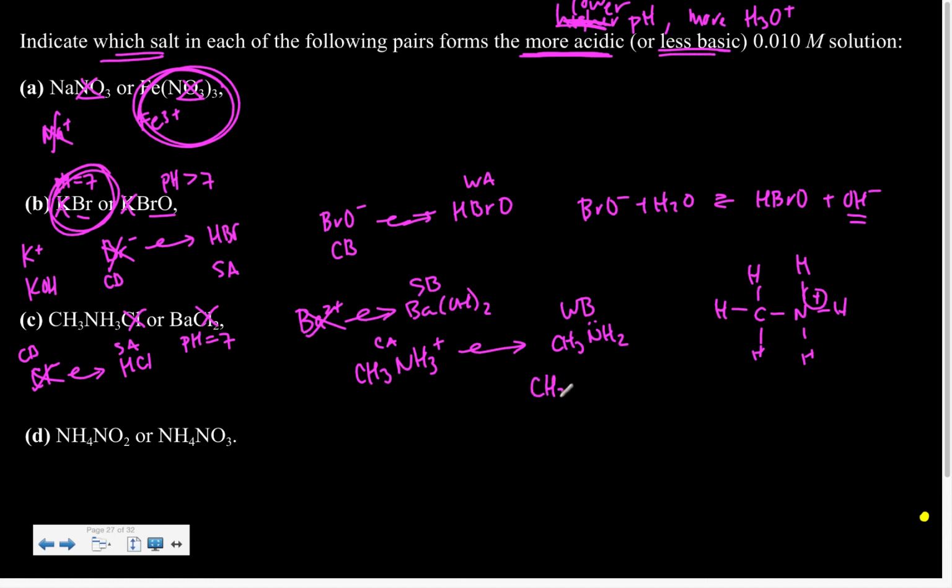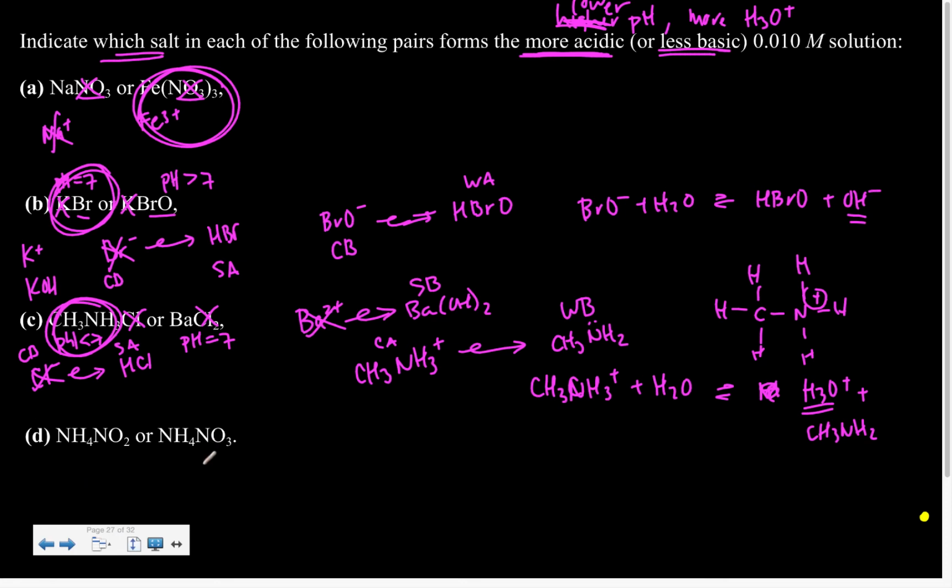Meaning that this does have the tendency in water to go ahead and form some H3O+ and CH3NH2, increasing the amount of hydronium ion, which means decreasing my pH, which means this one should have a pH of less than 7. Which means this is the answer I'm looking for.